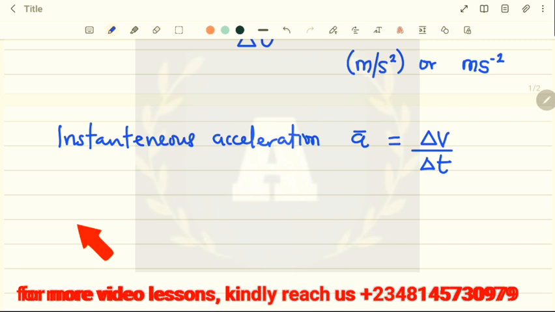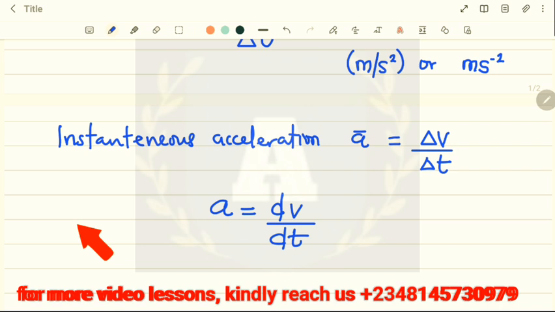For this we can take the limit of time equal to 0 in further physics. So acceleration, we can also say, is the differential form of the velocity, that is dv over dt. It depends on the nature of the question.